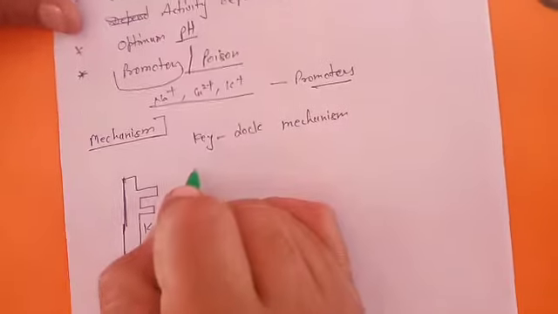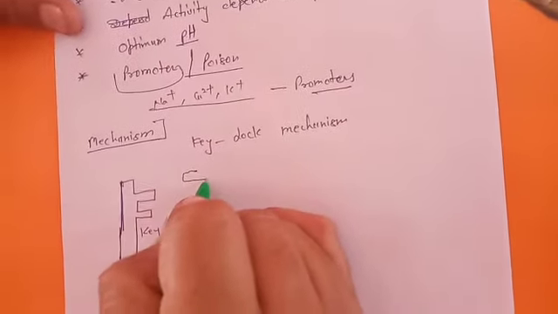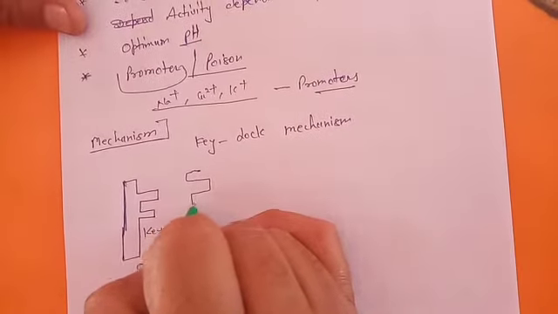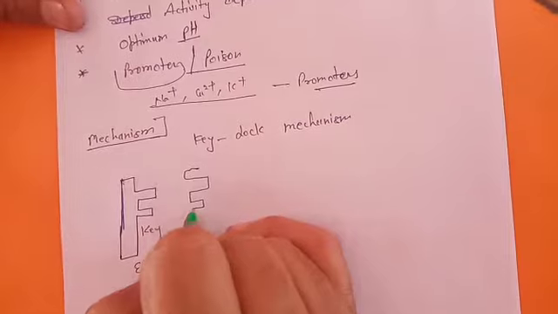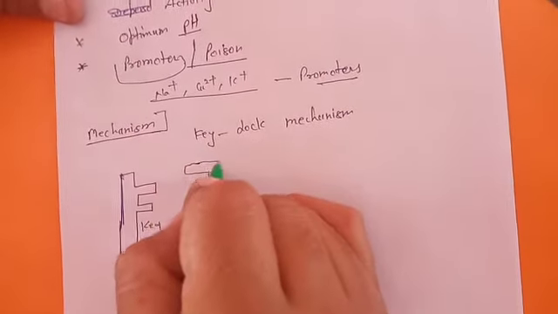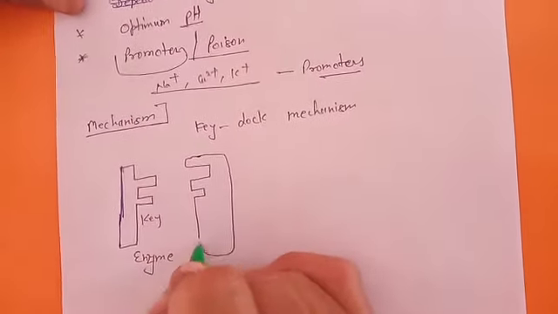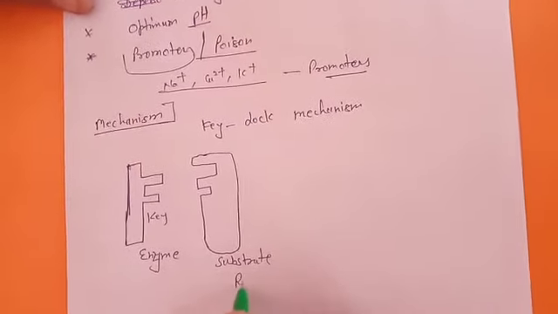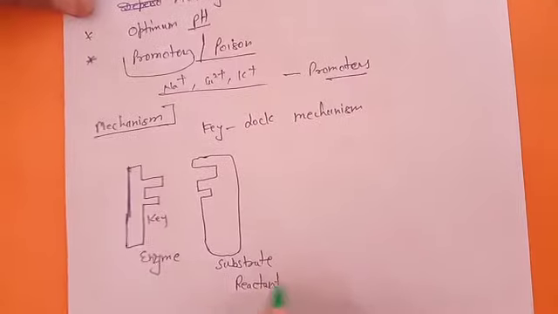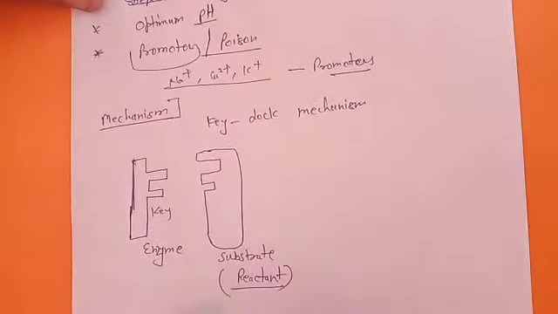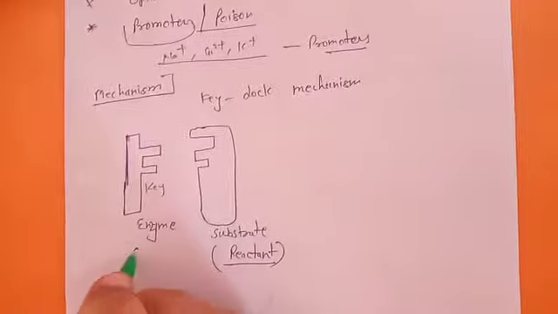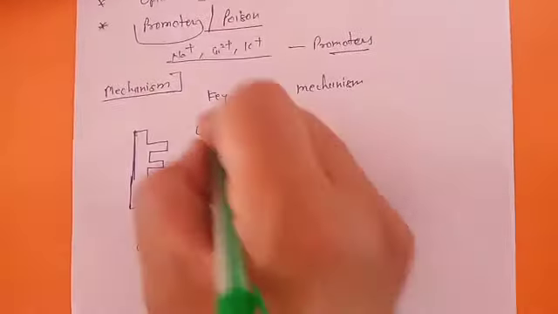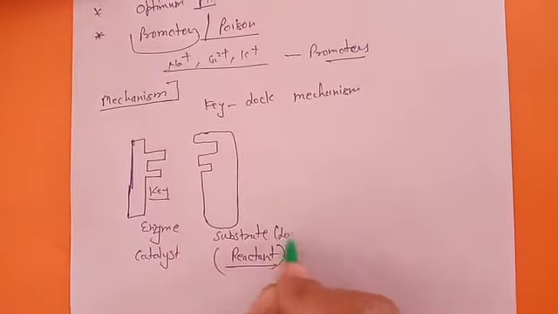Now we have to draw the substrate. This is your substrate, meaning reactant. The enzyme acts as a catalyst, it will be known as the key, and the substrate will be known as the lock.